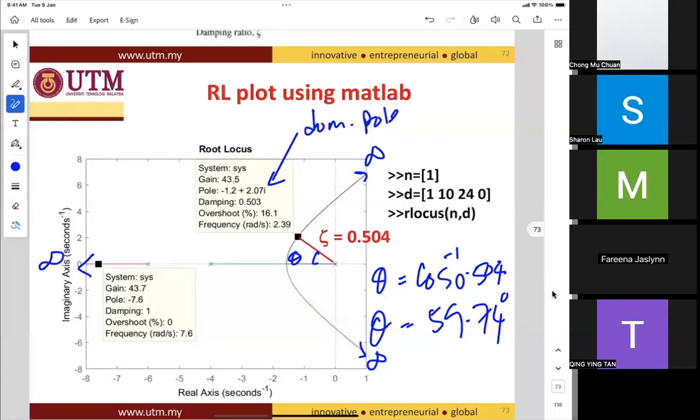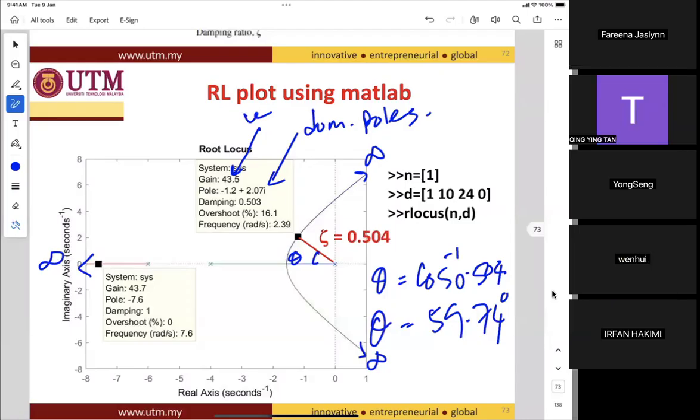What is the gain value at the dominant pole? 43.5. And then, what is the third pole value?